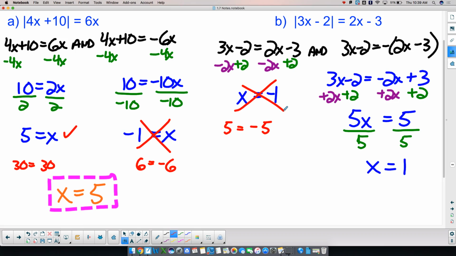50-50 shot. So that's got to be 1 then, right? Right? Yeah? Ooh, maybe when the teacher says check it, we should probably check it. 3 times 1 is 3. Minus 2 is, absolute value of 1 is 1. 2 times 1 is 2, minus 3 is negative 1.